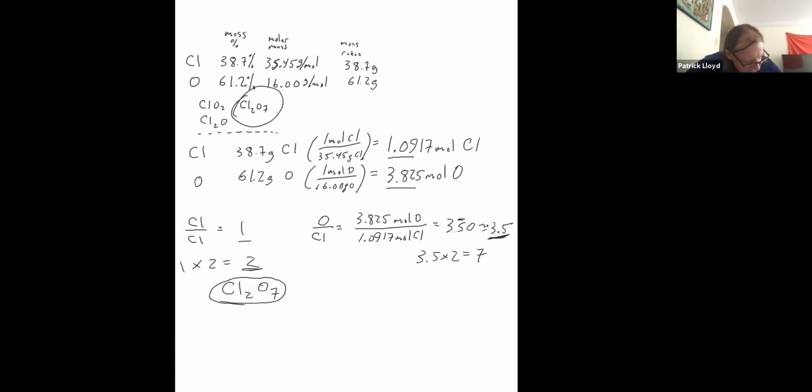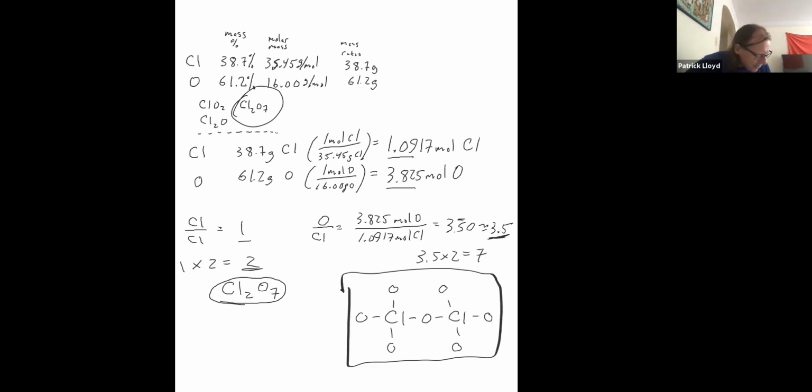Cl2O7 is probably something I've never actually seen a diagram of, but it probably looks like that. Wow, that's an interesting molecule, actually. We'll get into Lewis structures later in the course where we'll be able to draw out all the electrons and see what the structure looks like. But in any case, this is the empirical formula here. Okay.